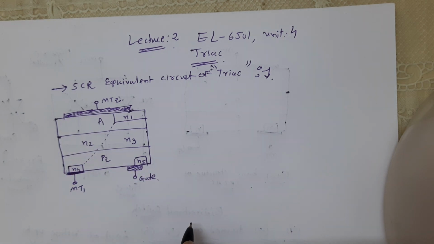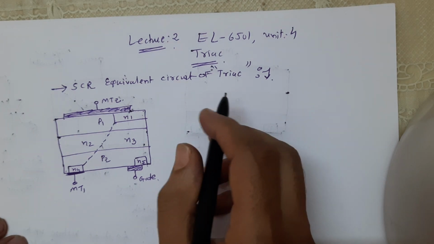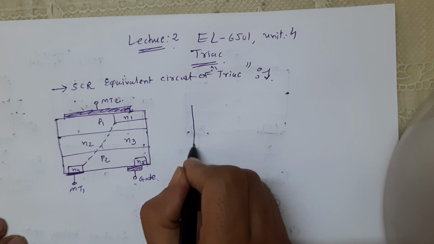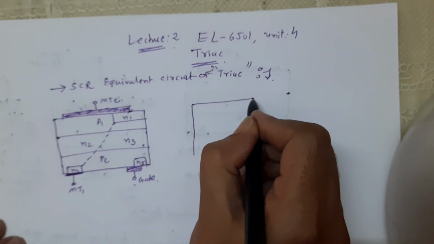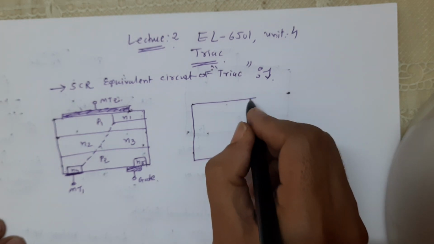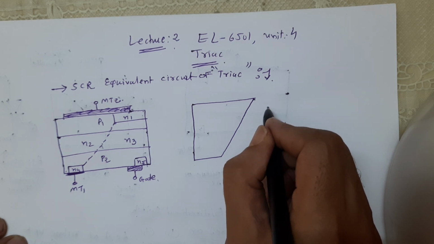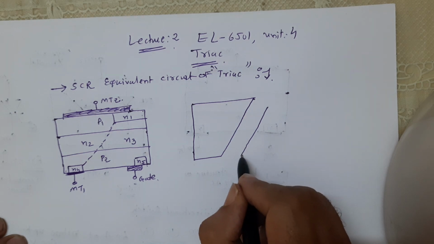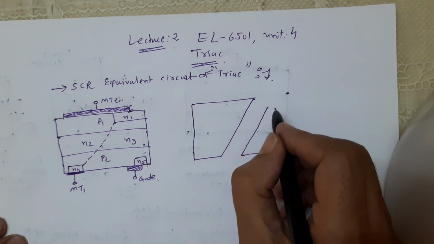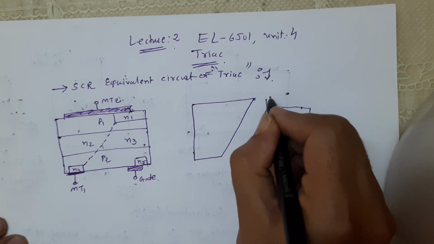So if we split the basic structure of the triac, the cross-section looks like this.